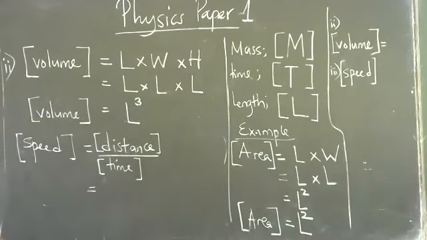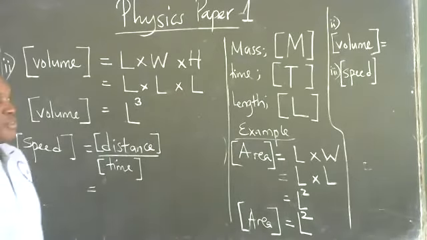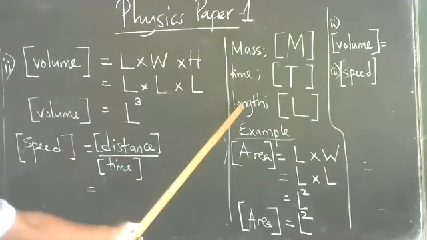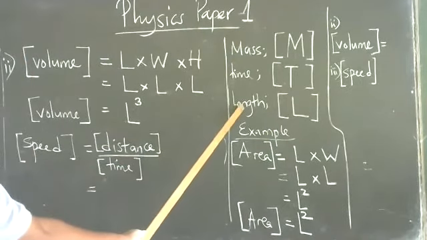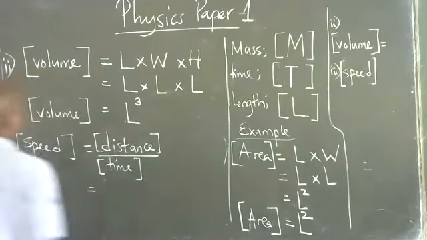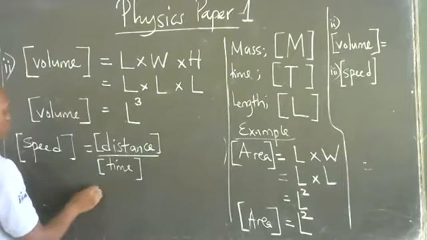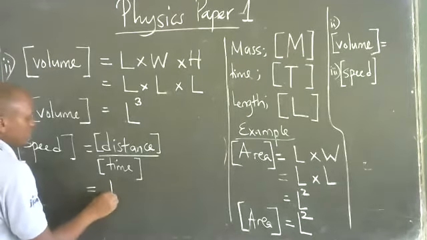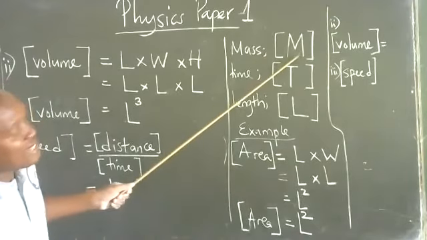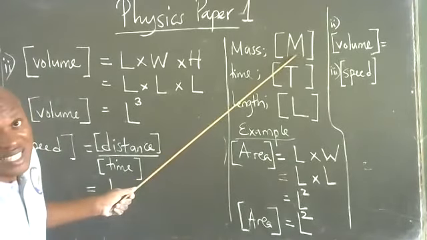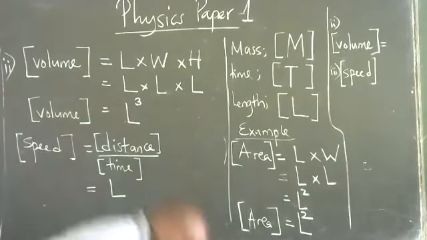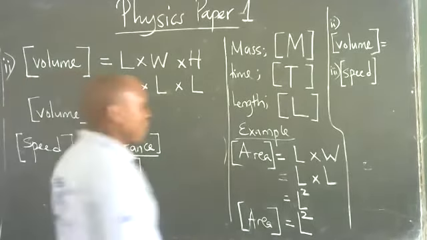What are the dimensions of distance? Remember, all the quantities you are talking about here must be in terms of mass, time, and length. So what are the dimensions of distance? L. Length, letter L. The other thing I didn't mention, these letters are capital letters. By the way, there is something which is not right here.